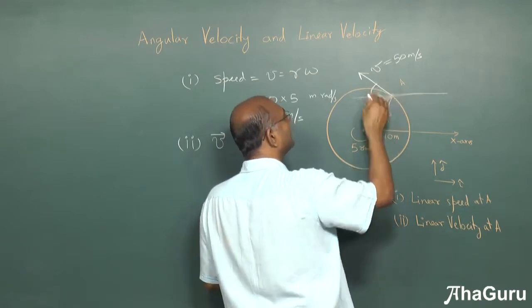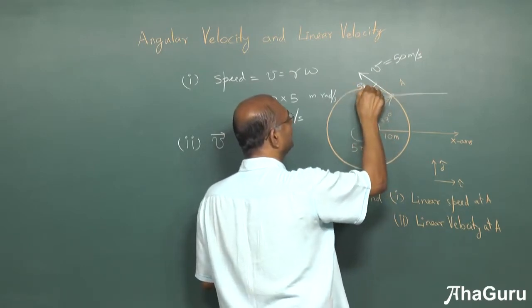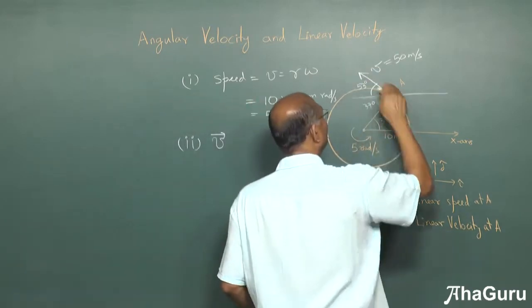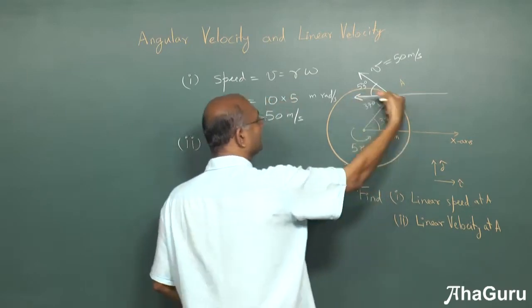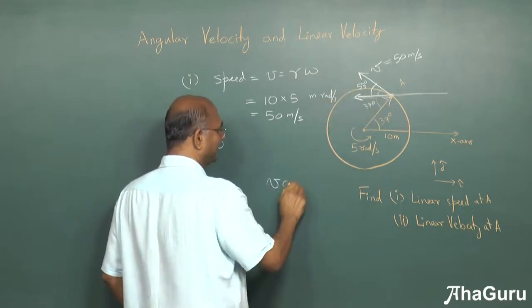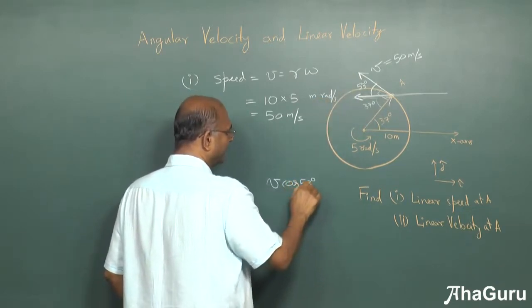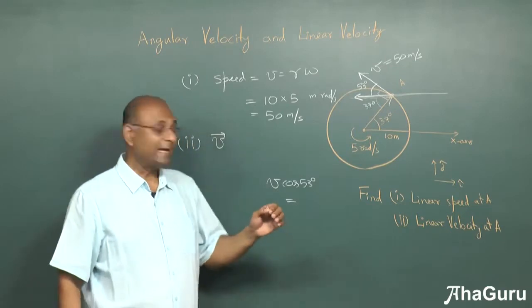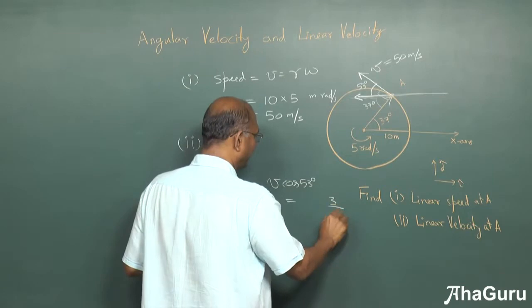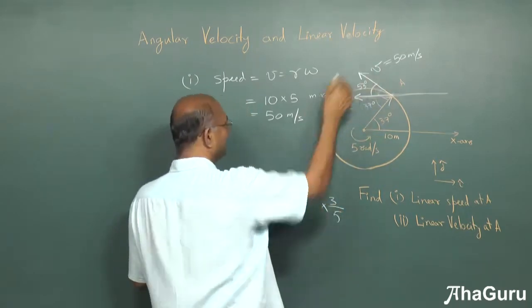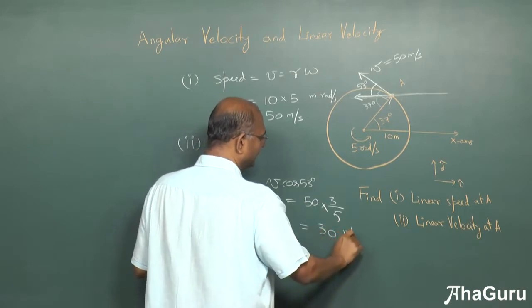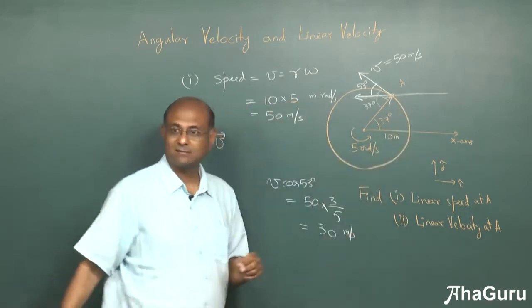And so this angle is 90 minus 37 degrees, which is 53 degrees. And so if you took this velocity and looked at its component in this direction, how much will that be? That is going to be V cos 53. But cos 53 degrees, we know. Sin 53 is 4 by 5, cos 53 is 3 by 5. So this is 3 by 5 into V. V is 50. So this is going to give me 30 meters per second in this direction.